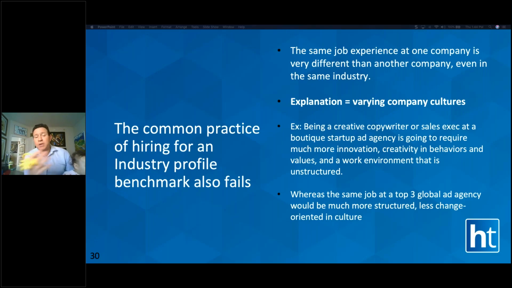Same person, same company. They could have been a superstar at BCG or Bain. They go to McKinsey and they fail. The reason they could fail is because of the culture, and vice versa. Same with a salesperson at Merck who then goes to AstraZeneca. It's a culture fit issue, not a skills experience issue. That explains the varying company cultures. Let's skip, Charles, the rest of this.